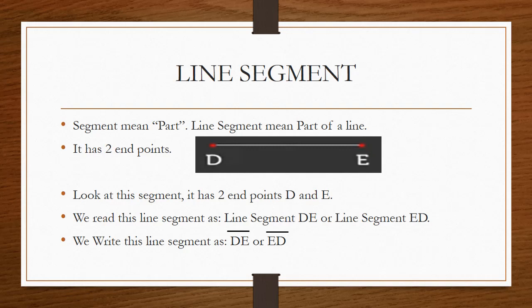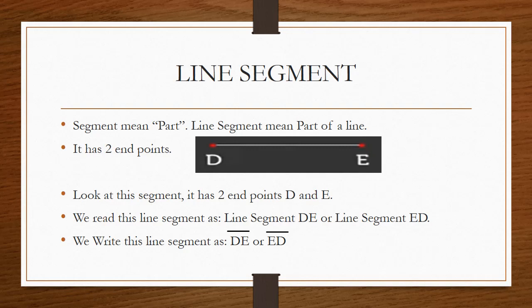Next is line segment. What is the meaning of segment? Segment means part. Line segment means part of a line. It has 2 endpoints. In this picture you can see there are 2 endpoints, which are D and E. When we read this line segment, we have to read it as line segment DE or line segment ED.